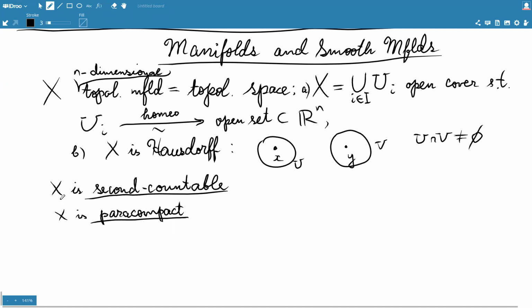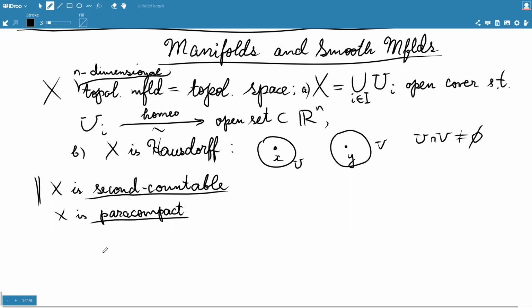So intrinsically, we could assume that the first condition is satisfied. For example, if X is compact, that means from any open cover of it, we can choose a finite subcover, then it is automatically paracompact and second countable. Okay.